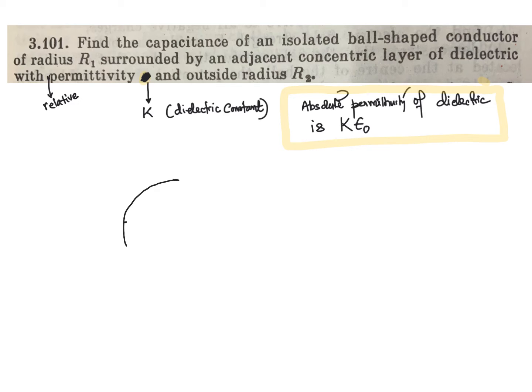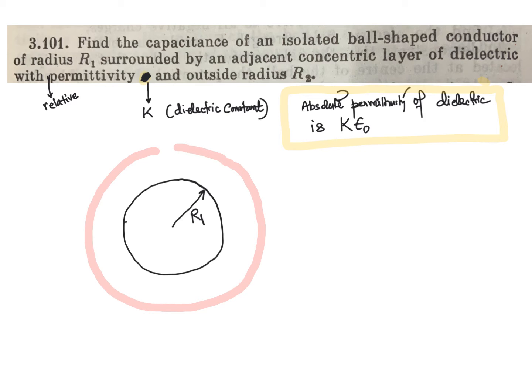And this is the isolated sphere of radius R1, and it is surrounded by a concentric layer of dielectric. That means it's like this. But do not confuse it: it's not a dielectric and then one more shell. No other shell is there.